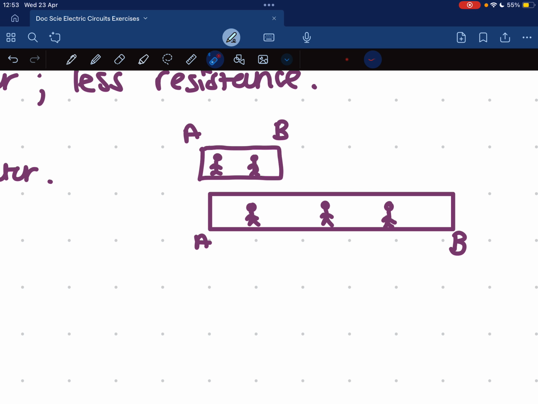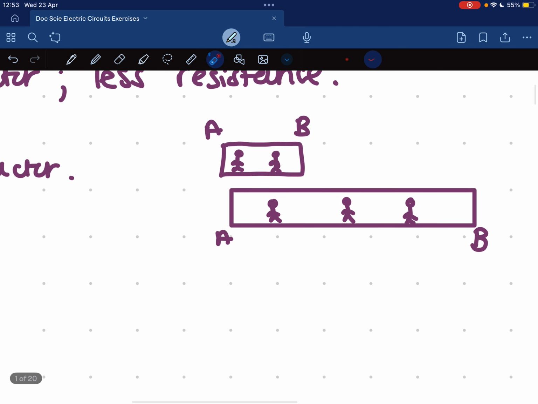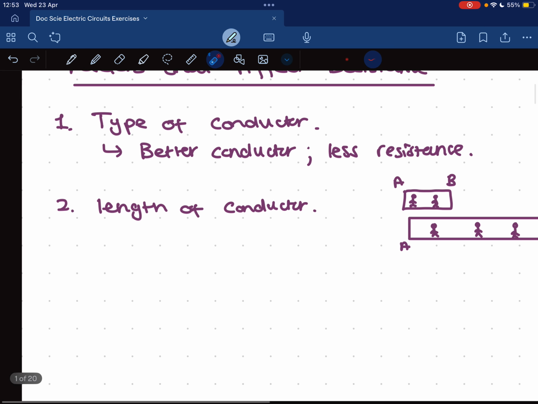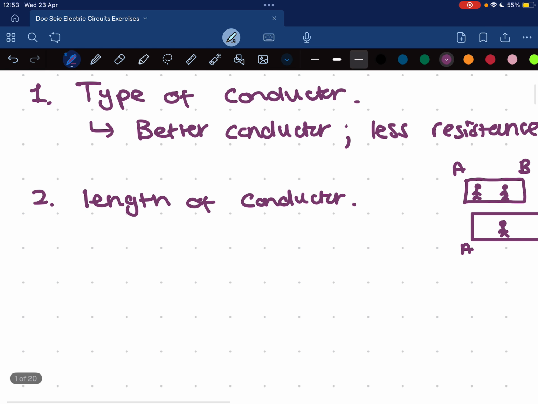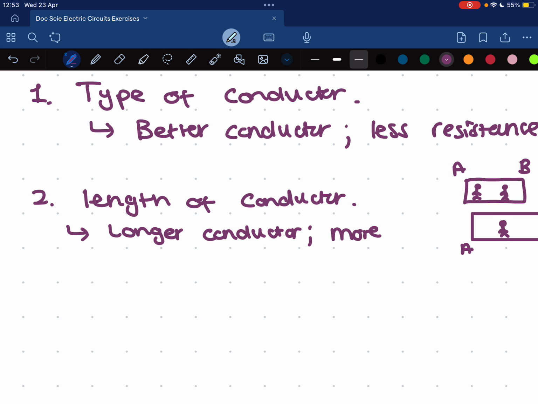Because the length is shorter. But if he's running from this side all the way to that side, you can see that there is more energy that is going to be needed. So if there's more energy needed, then the resistance is more. So the longer conductor will have more resistance.